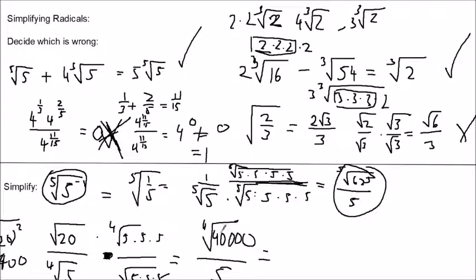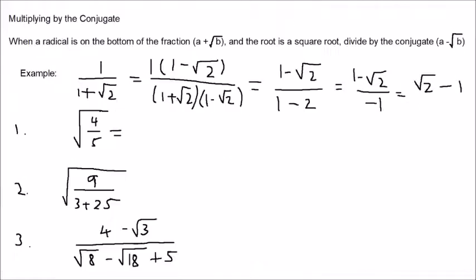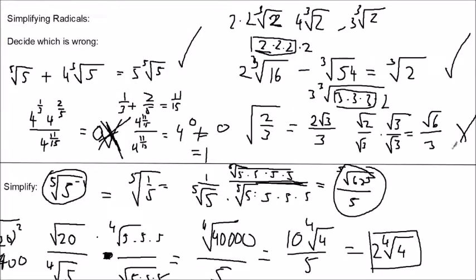There's 4 zeros, so it's 4 times 10 times 10 times 10 times 10. There's 4 tens in it. So you can take the 10 out, put the 4 like that, over 5. So the simplified version is 2 times the fourth root of 4, and that's the answer. Or 2 times the root of 2. That's the really nice answer.